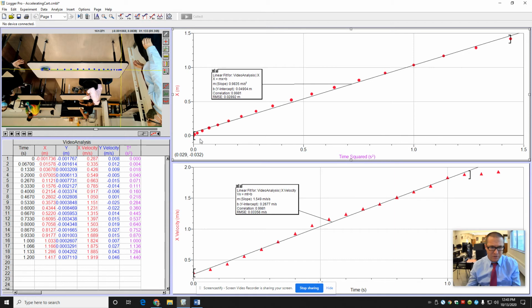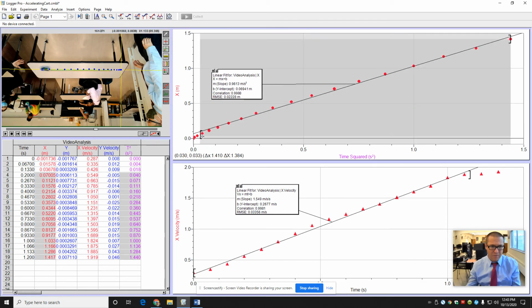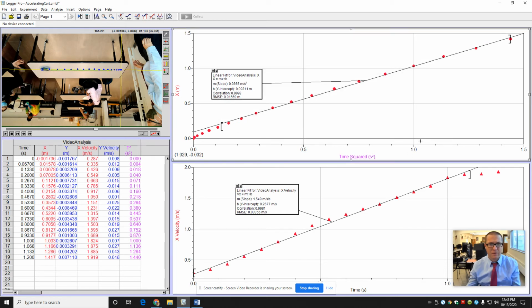I think maybe if I kill some of the early data here, so that kind of curves up in the beginning, I'm going to grab that data, move it in a little bit. Yeah, that looks quite a bit better. Now, overall, the results here are okay. We'll talk a little bit about how we analyze this later on. So notice that here it was able to do Vx equals mt plus b, but up here it has capital X, which is the variable for position, equals mx plus b.